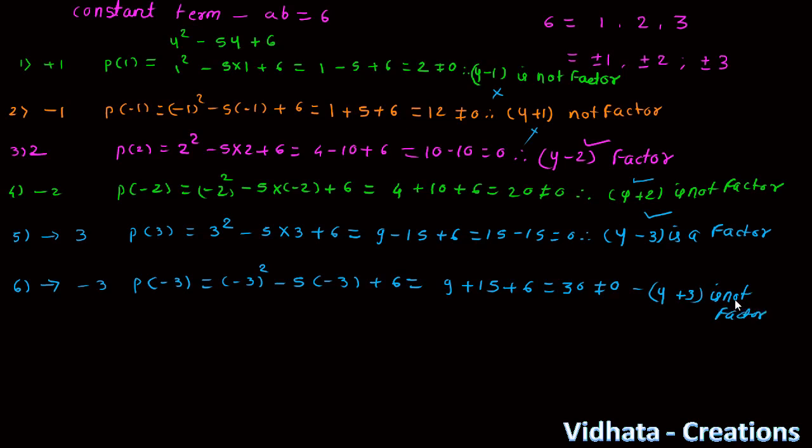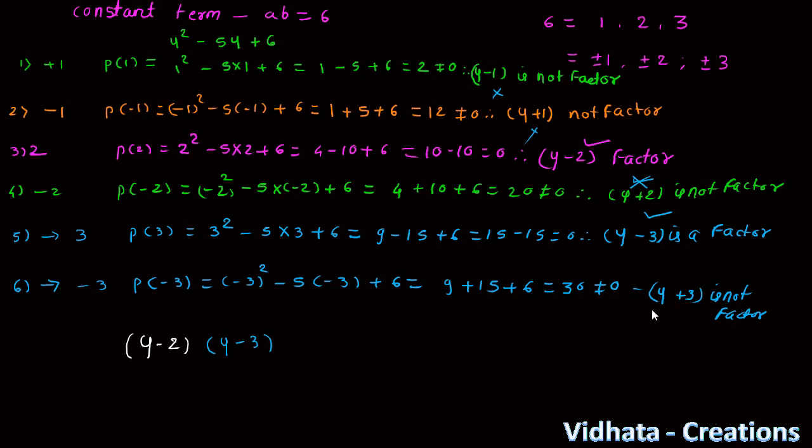Now, once more, let us turn towards all these 6 possibilities. Y minus 1 is not a factor. Y plus 1 is not a factor. Here you got 0, so y minus 2 is a factor. Y plus 2 is not a factor of the polynomial, but here you got 0, therefore another factor is y minus 3.